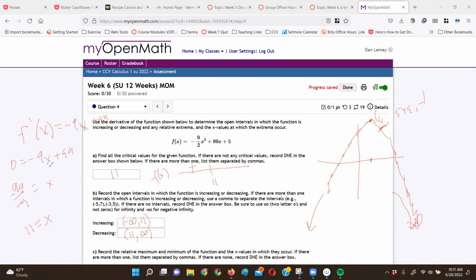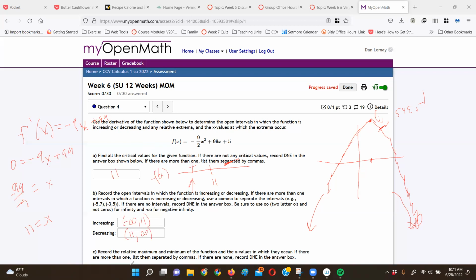If I substitute in 0, isn't that 99? And what if I pick a number greater than 11, like 100? Well, -900 plus 99 is a negative number. So because the derivative is positive, it's increasing from -infinity until 11. And because the derivative is negative, the function is decreasing from 11 to +infinity. See how that works?